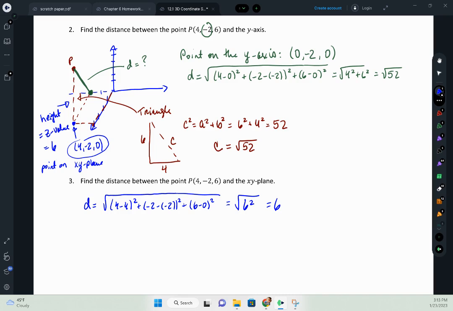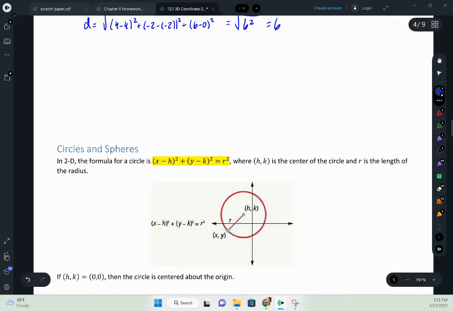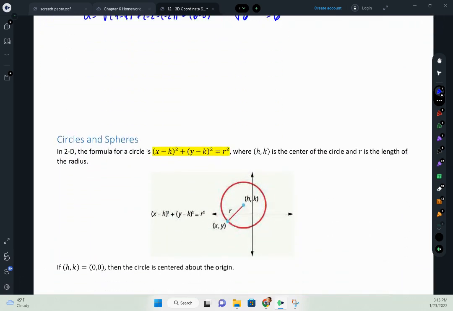All right, moving on from distance, we get to circles and spheres. One of the things I pointed out in class was that if you were to take the distance formula, let's just show it right here. The distance is the square root of the sum of squares of x2 minus x1 all squared plus y2 minus y1 all squared.